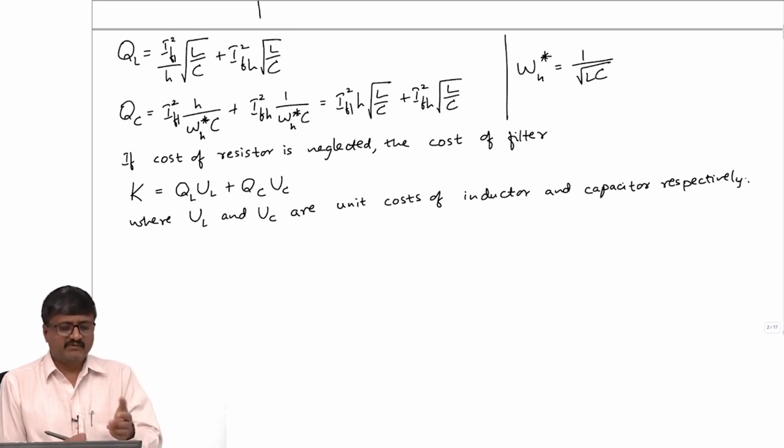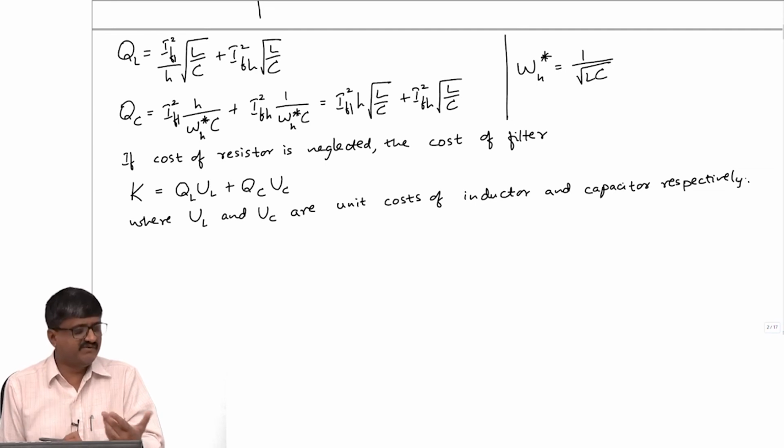So if I want to look at the expression for cost, it is in terms of QL and QC. UL and UC are constants.